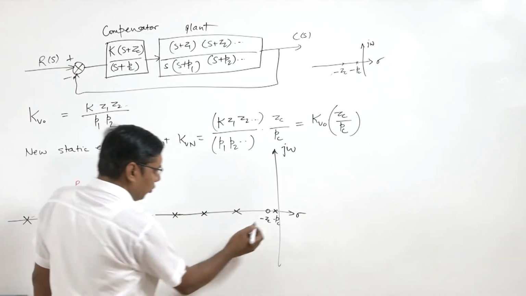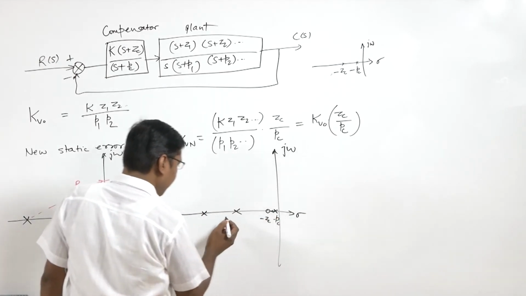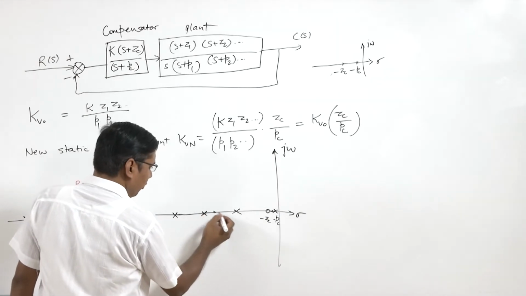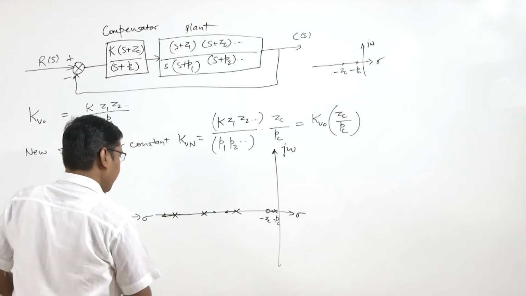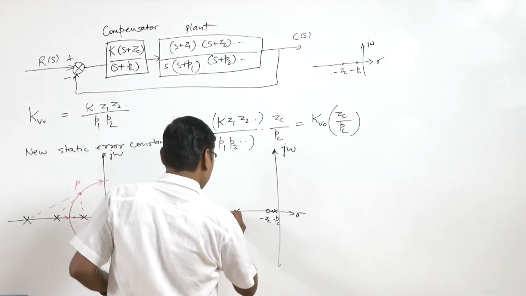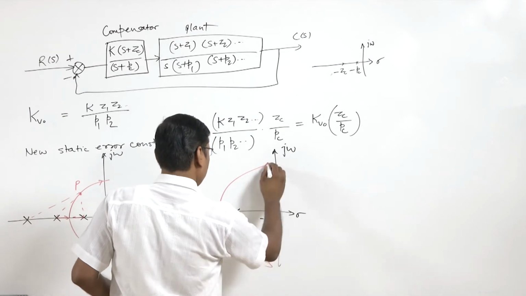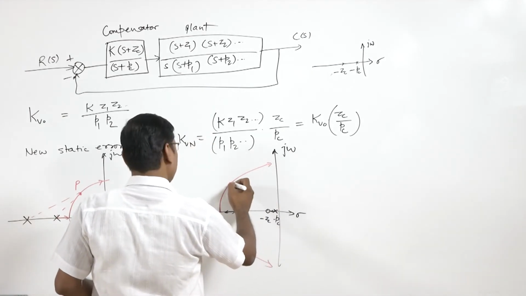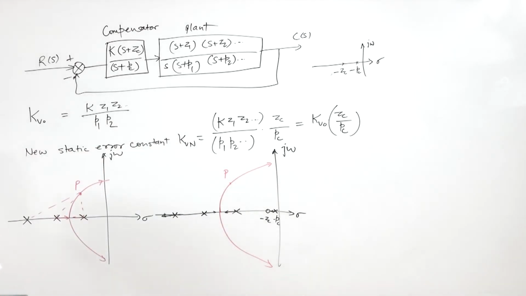So this root locus will move and break away, and this will go to finite. And here again, the point P is on the root locus.